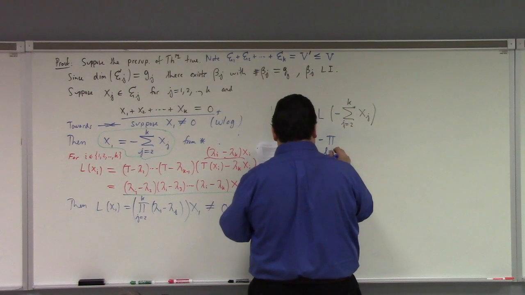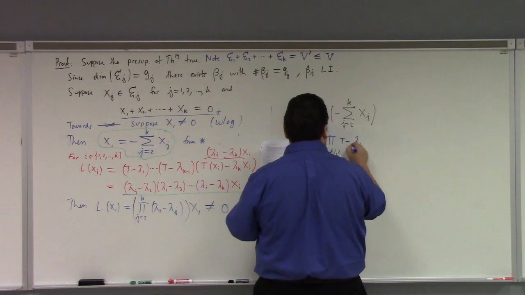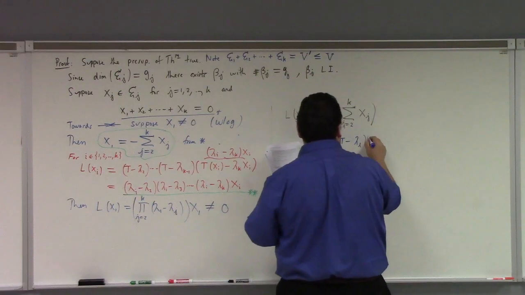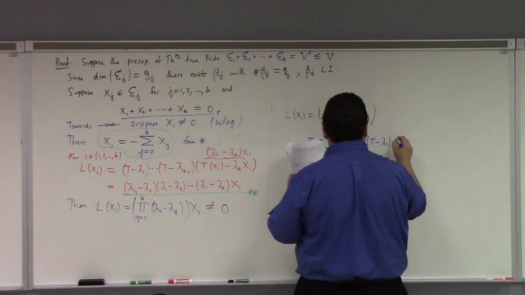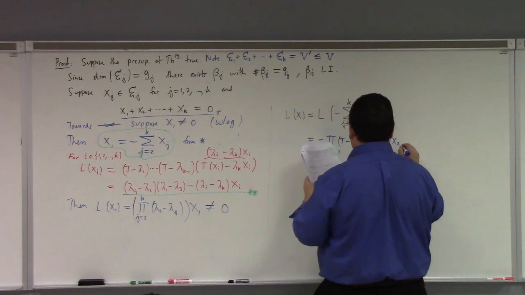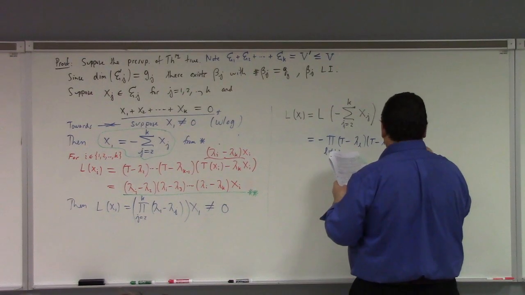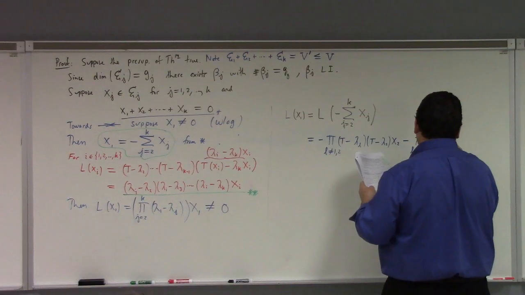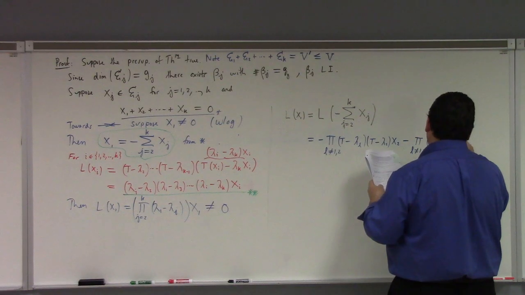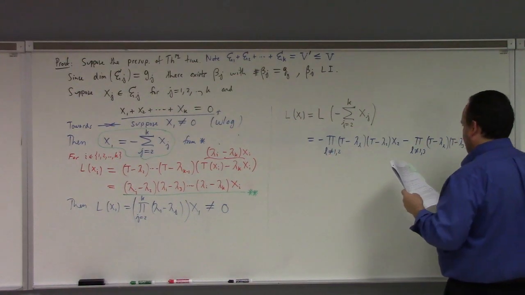The product over l not equal to 1 or 2, T minus lambda sub l, T minus lambda 2 on x2, minus the product l not equal to 1 or 3, T minus lambda l, T minus lambda 3 on x3.